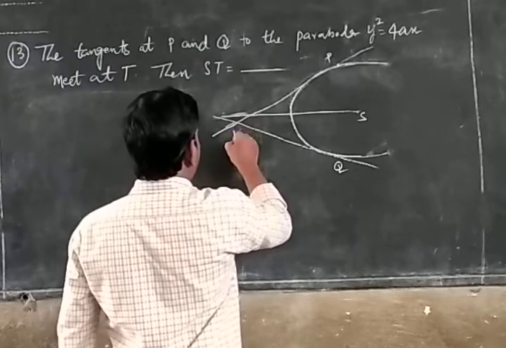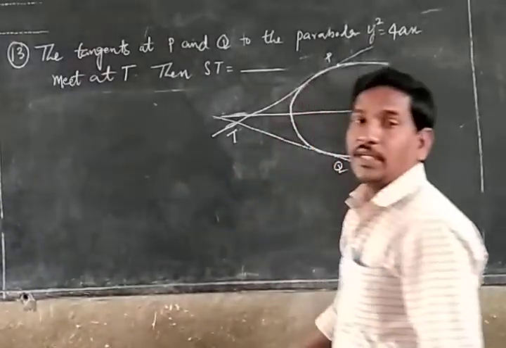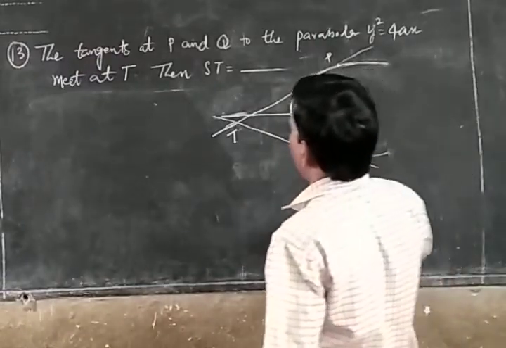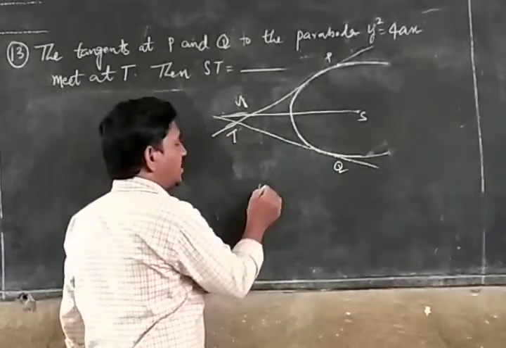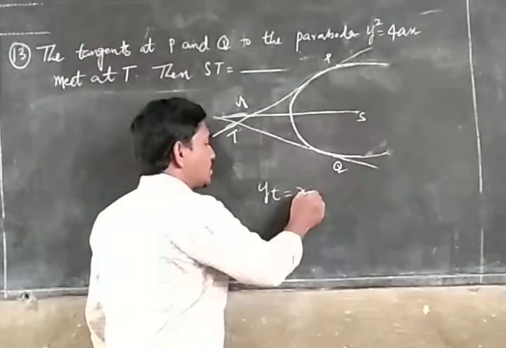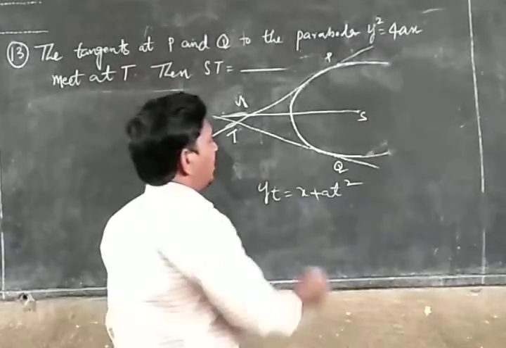Now this is T. Now the tangents at P and Q, the general equation of the tangent, we know that yt equal to x plus at square.